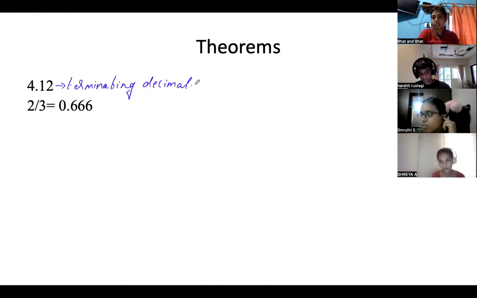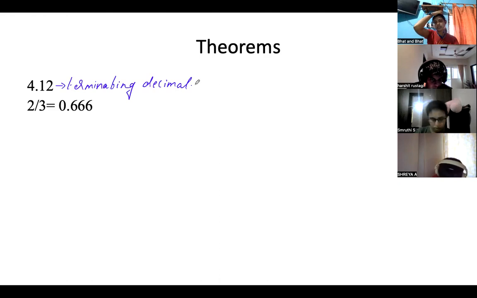So this is a non-terminating decimal. And what is happening to the value 6? The number 6 is repeating, correct? So it is a non-terminating recurring decimal, or repeating decimal, we call it, correct?